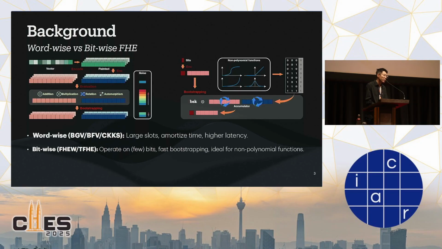But bitwise schemes can only do non-polynomial functions natively. In fact, all these schemes can do any type of computation with some complex construction, but it may lose precision during the computation.